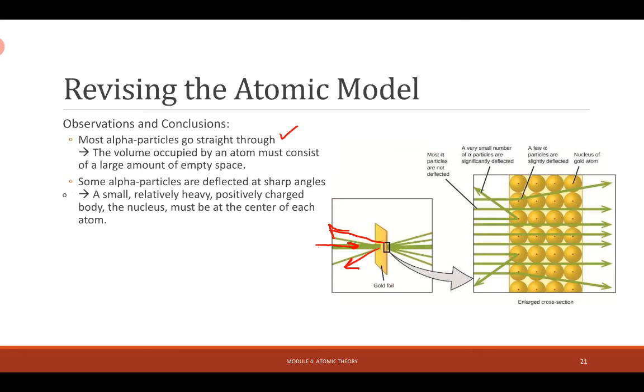So he put all of the positive charge in the center of the atomic model. And then, since most of the alpha particles did pass straight through, he concluded that most of the volume of an atom must be empty space.